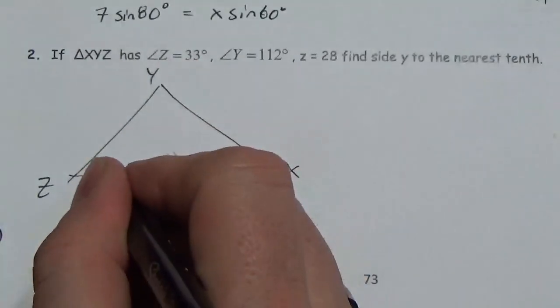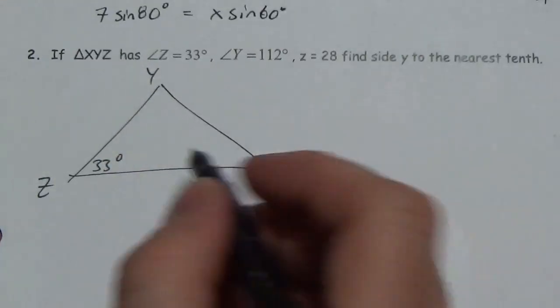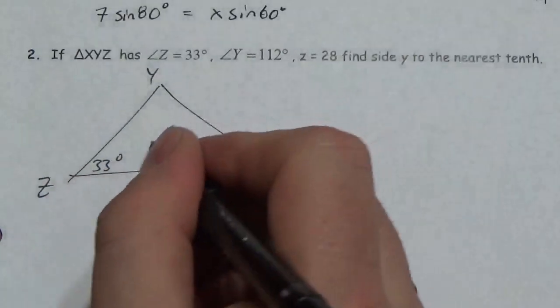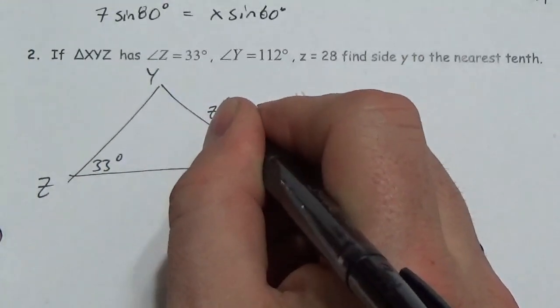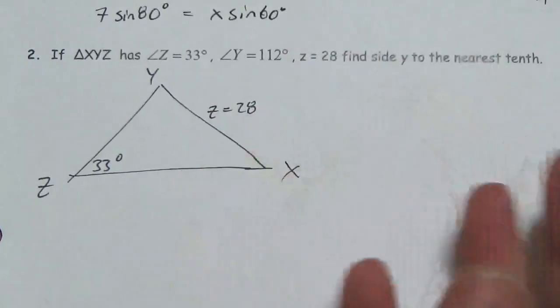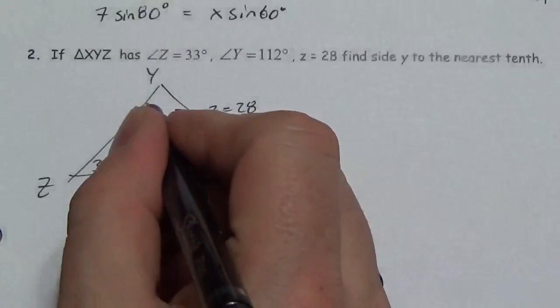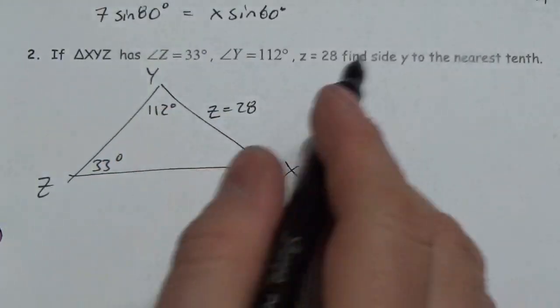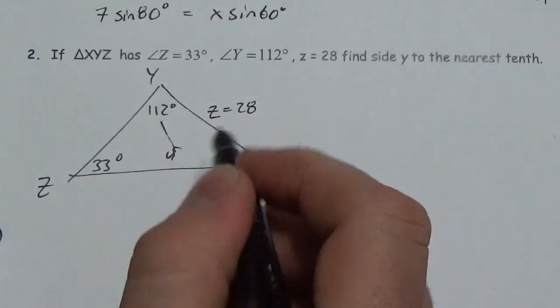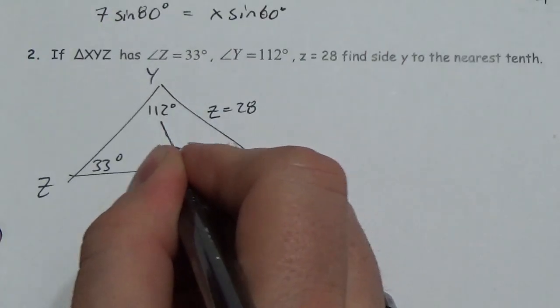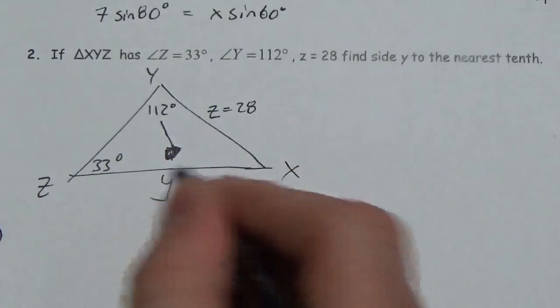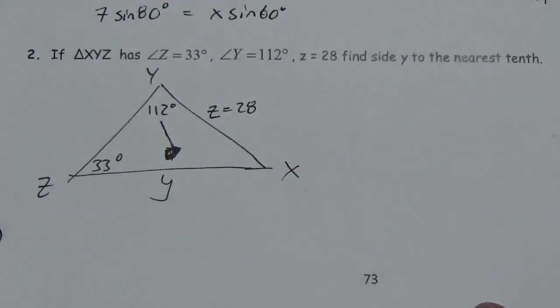I know that Z is supposed to be 33 degrees, and I know that little z, the side opposite it way over here, is going to be 28 units. They don't tell us what it is, and that's okay. And then Y will be 112 degrees, and we're looking for side Y.